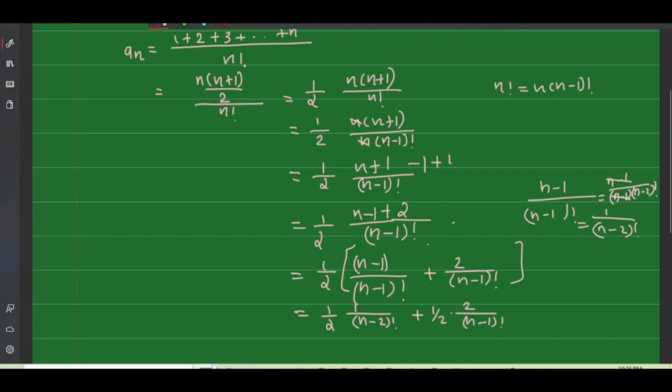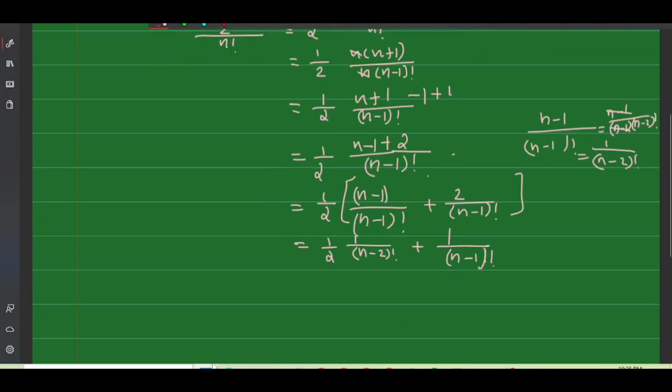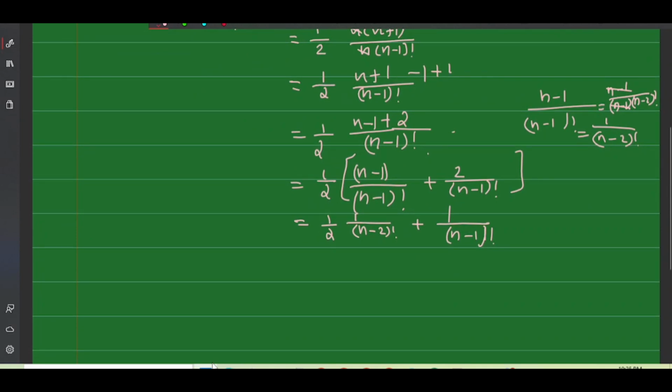Here we can cancel this 2 and this 2, then we get 1 by n minus 1 factorial. And here a n is equal to 1 by 2 into 1 by n minus 2 factorial plus 1 by n minus 1 factorial, and it is defined for n greater than or equal to 2, since n minus 2 factorial is defined for n greater than or equal to 2.